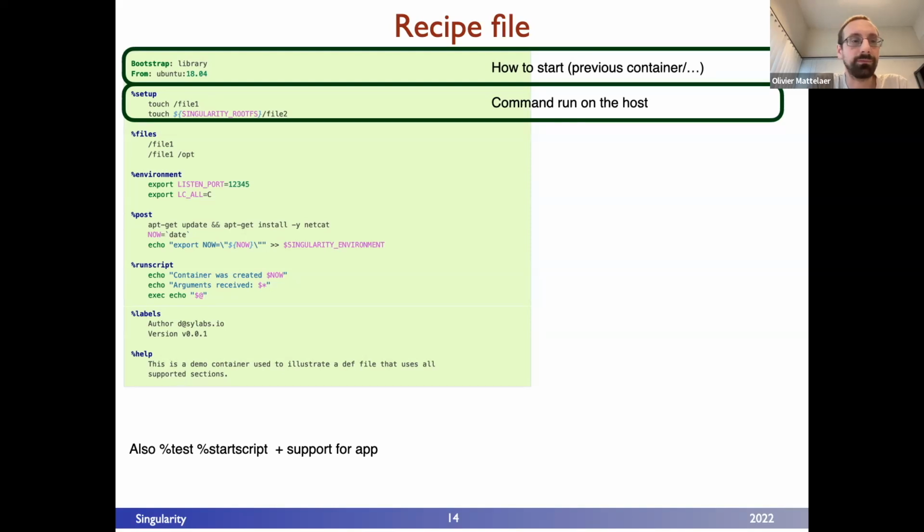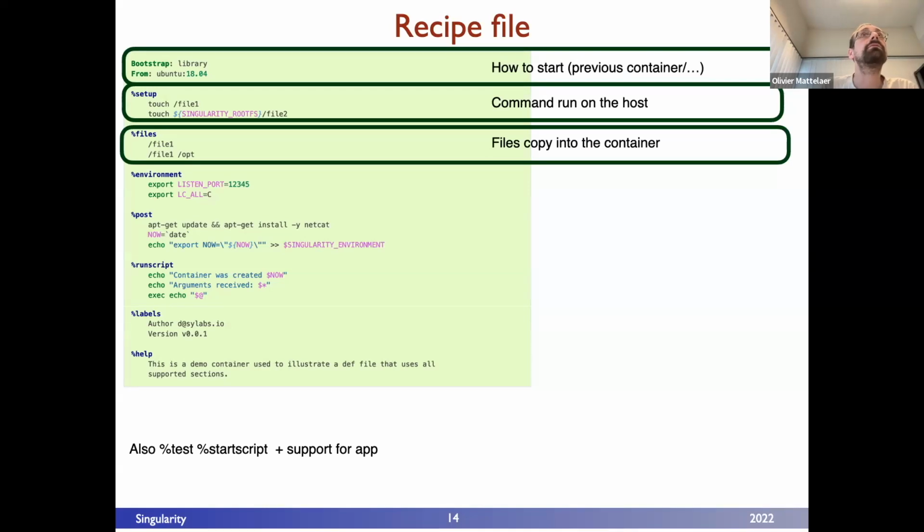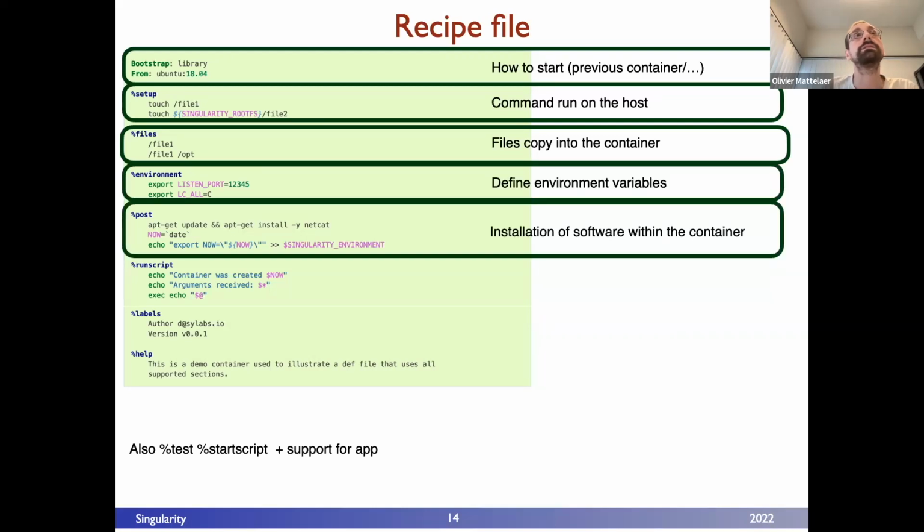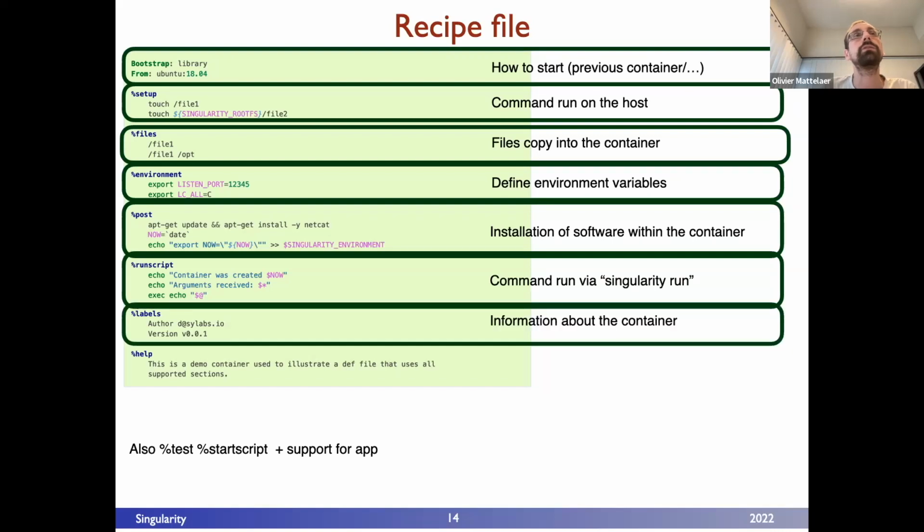Then you can say how to copy files from your host to your container, and that's the files part. You can set up some environment. This is where we discuss how you install your code. That's when you run your code. Some labels are obviously useful to put information, like who wrote the code, what is your email, what is the version of the container, and so on.